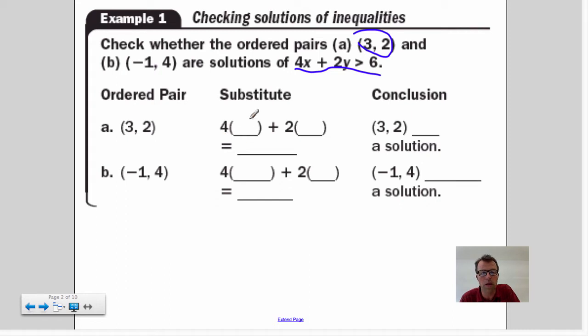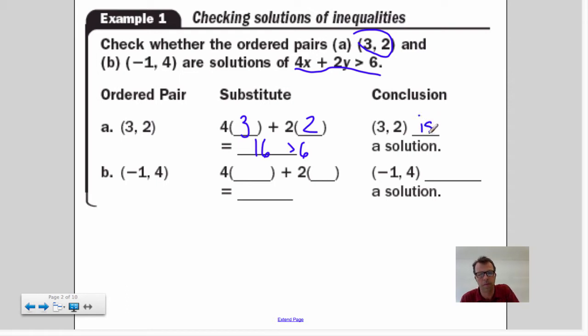So we substitute in. For x, we put 3. For y, we put 2. And the answer to that, we say, is 12 plus 2, which is 14. And so finally we say, is 14 greater than 6? Yes. So this is a solution.